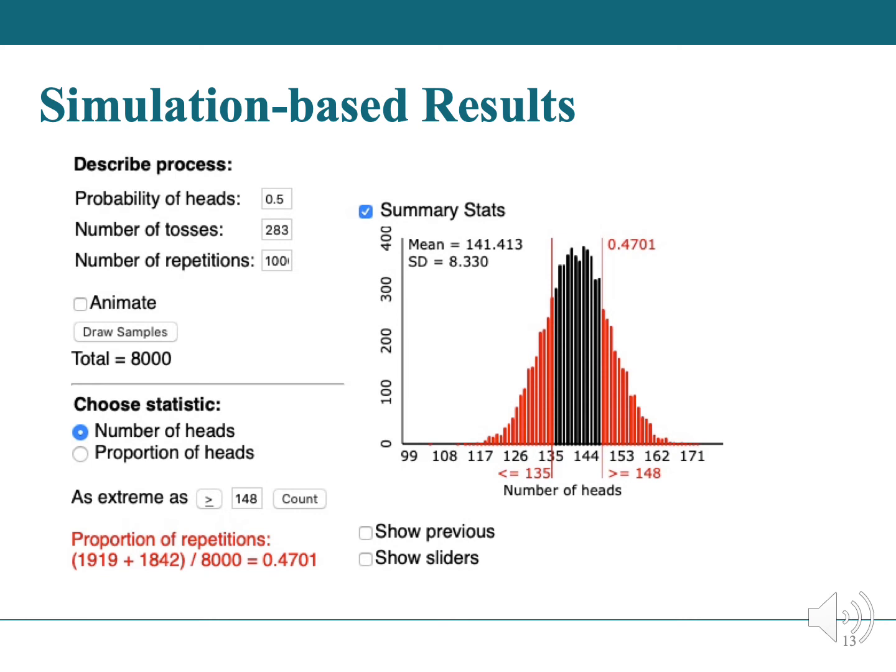The mean was 141, which you would expect, which is right in the middle of 283. The standard deviation is 8.3. Now, you can see that the red areas are the cases of our simulation that turned out to be more extreme than either 148 or above, or if we look at the other side, it would be 135 and below.